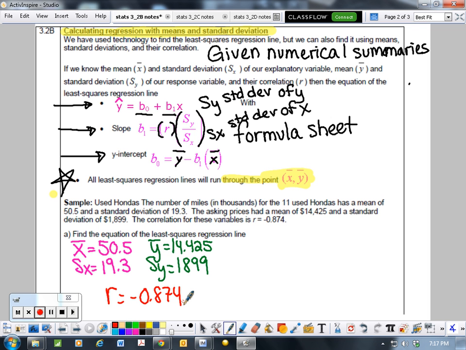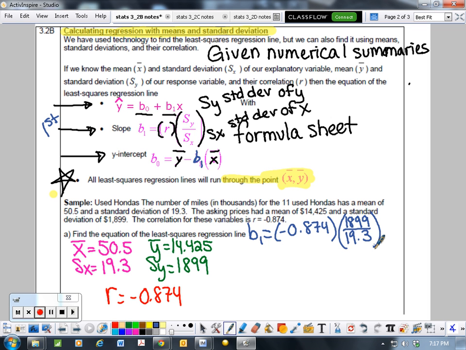So now that we know that information, we can go ahead and work on calculating. The very first thing we need to know is b1. Why do we need b1 first? Because I need b1 to calculate the y-intercept. So b1 is going to be our r value times the standard deviation of y over the standard deviation of x.